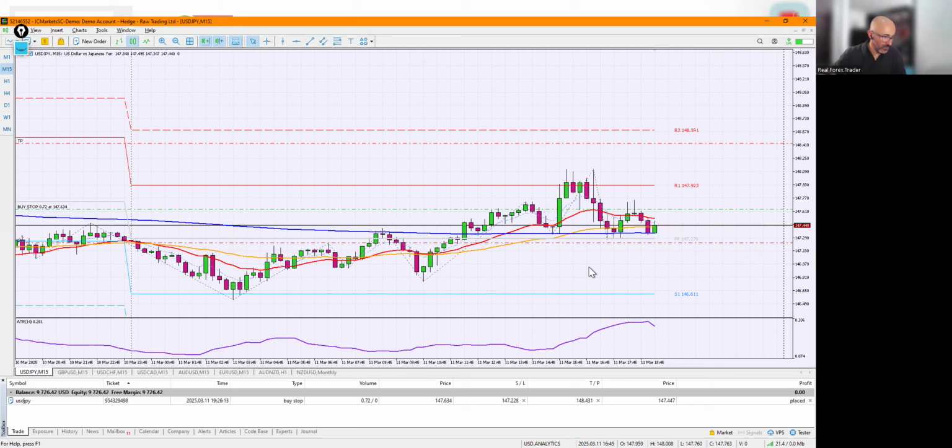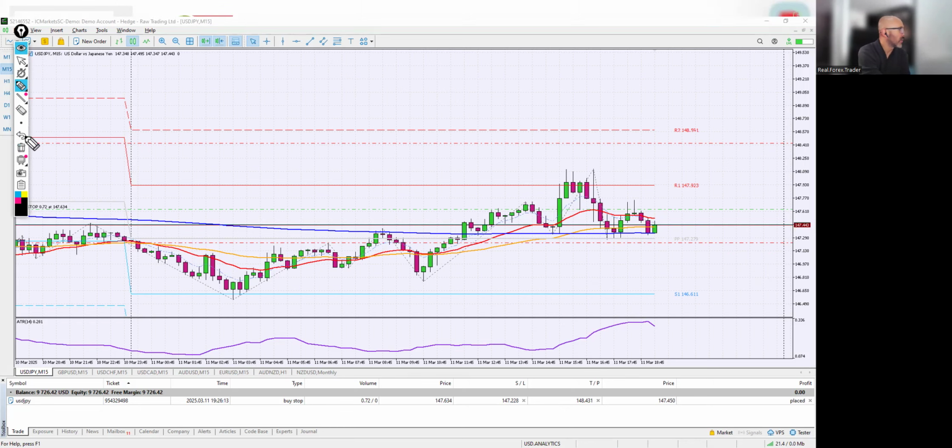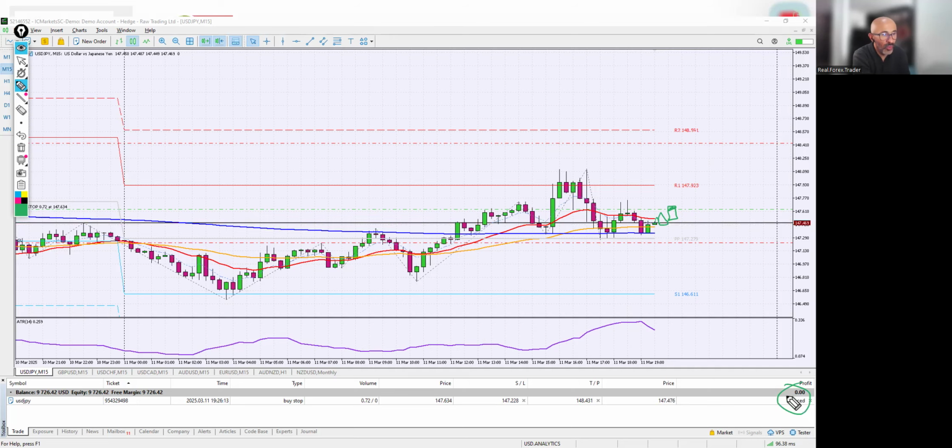So what happens? Remember, in this moment, the trade was placed as a buy stop. It means that when this candle or any other candle reaches my price, it's going to be triggered. And here you start to see the movement of the money, right?